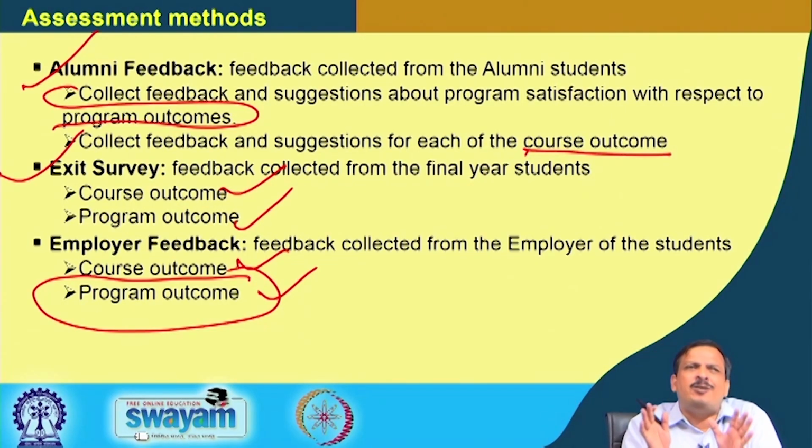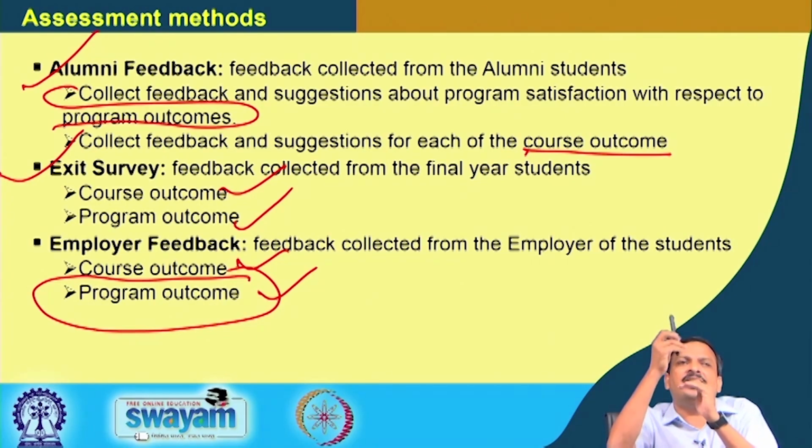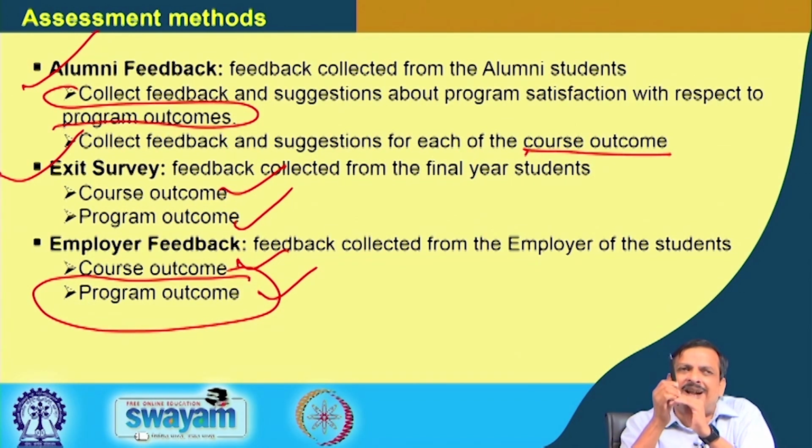Let me explain only three: alumni feedback, exit survey, employer feedback. Actually, employer feedback can be used as a reference point. Collect the alumni feedback and exit survey, calculate the attainment level, and if the employer feedback is also close to that level, then you can say the feedback is given correctly by the students.